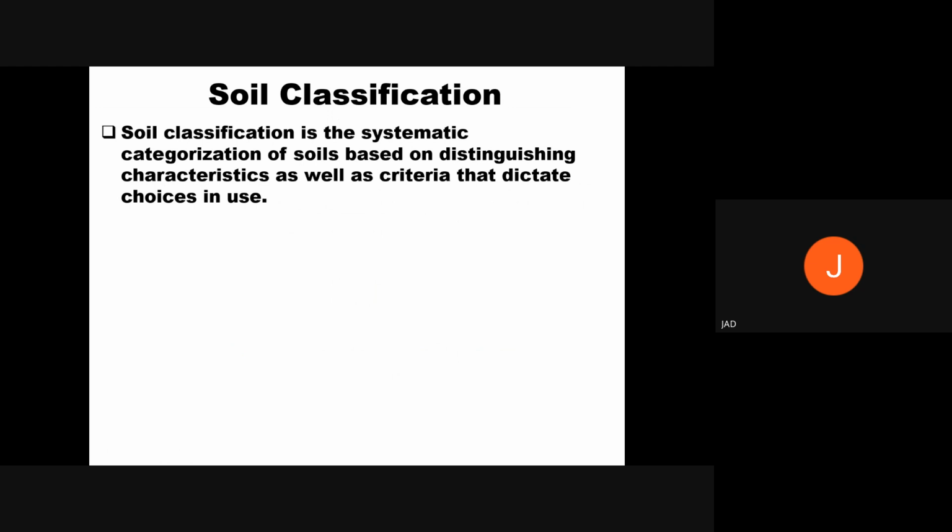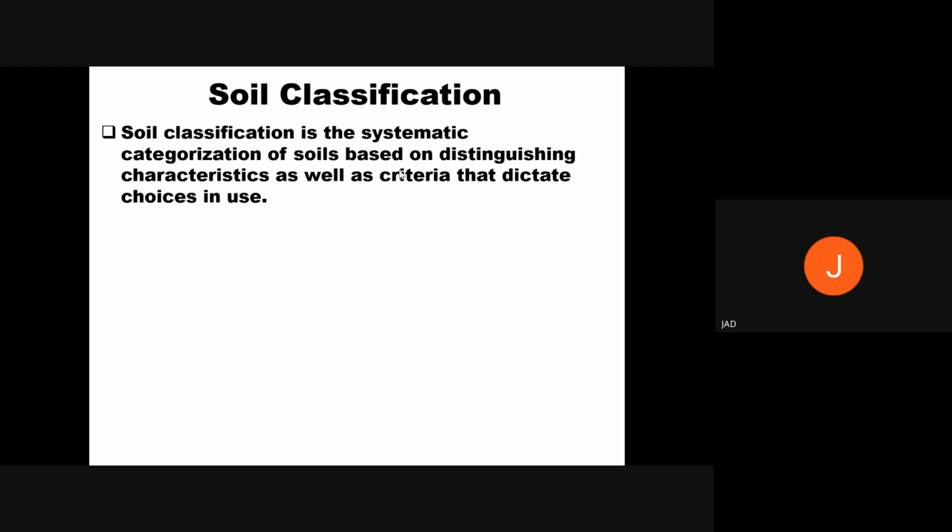It is the systematic categorization of soil based on distinguishing characteristics as well as criteria that dictate choices in use. So this is the first working definition that we have.